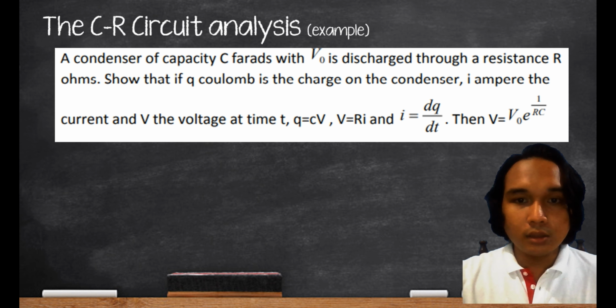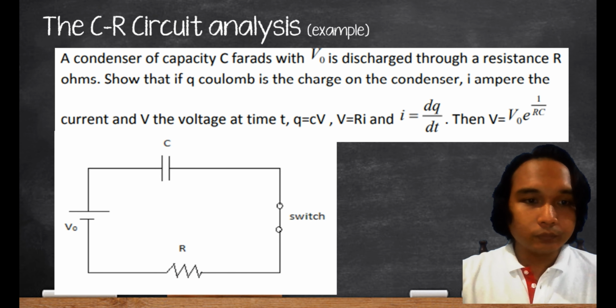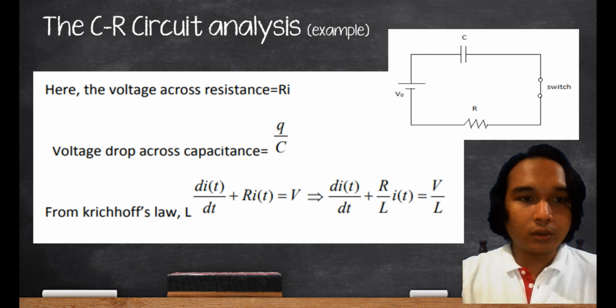So here we can see the diagram where the voltage across the resistance is equal to Ri.